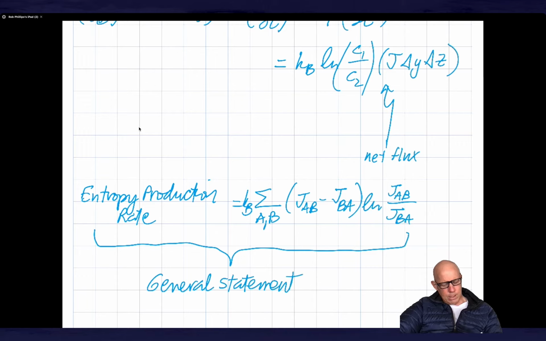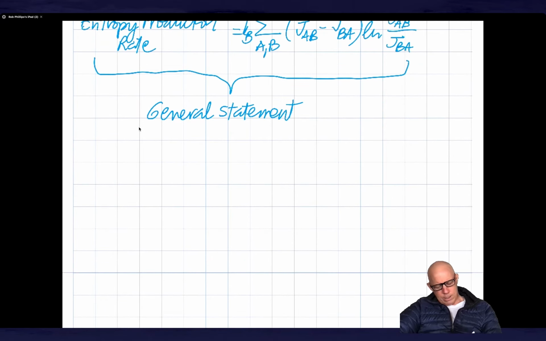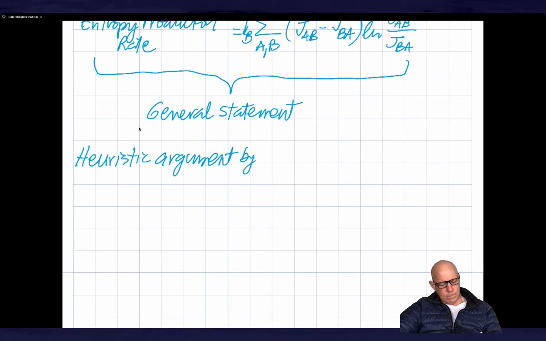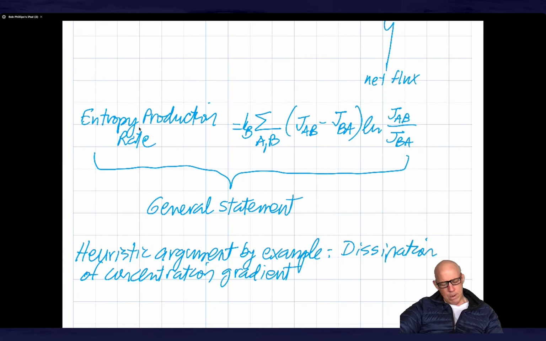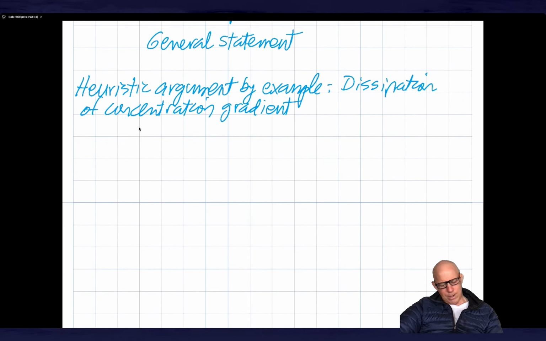And I'm going to give you a heuristic argument by example. And what we're going to do is use the dissipation of our concentration gradient again. So let's go back to our diagram.